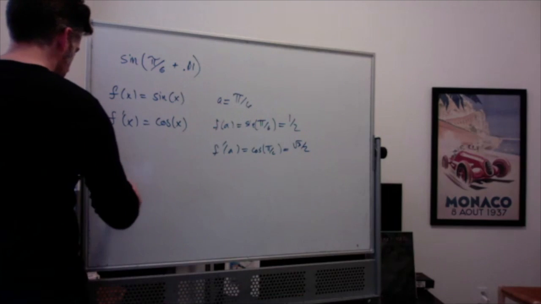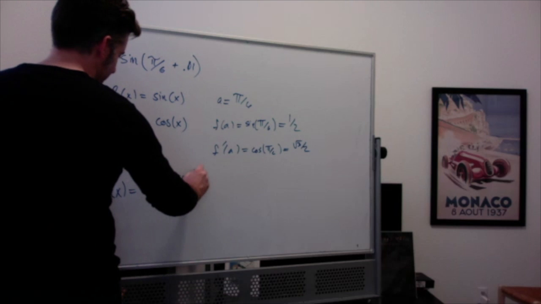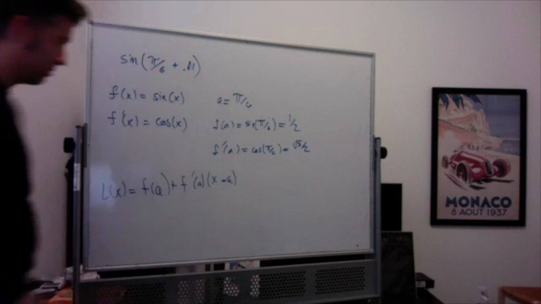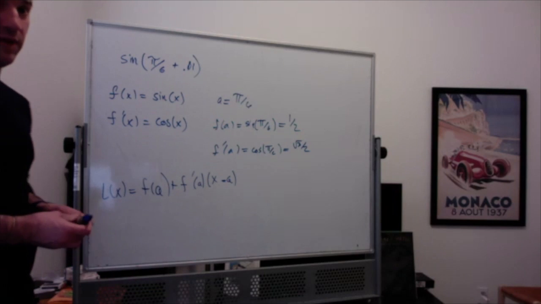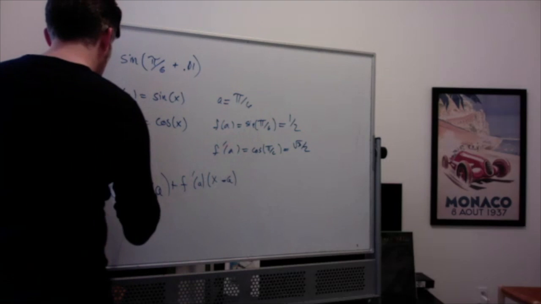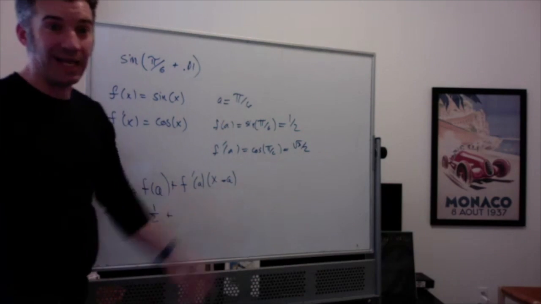So then using the linearization, and I know we don't have to write it out every time. I think it's worth writing out, at least until you really do know it. So our linearization is f of a plus f prime of a times x minus a. So that's going to be 1/2 plus not a lot, right?